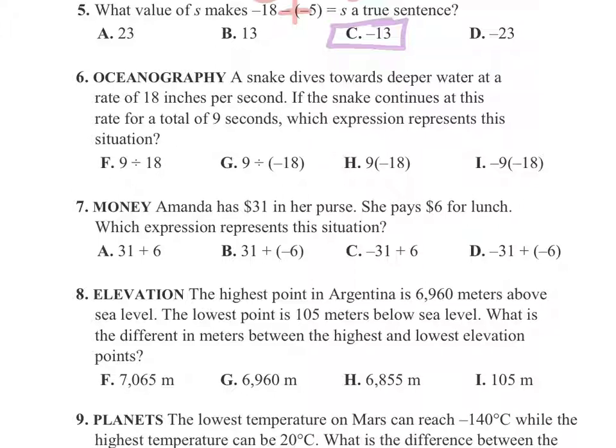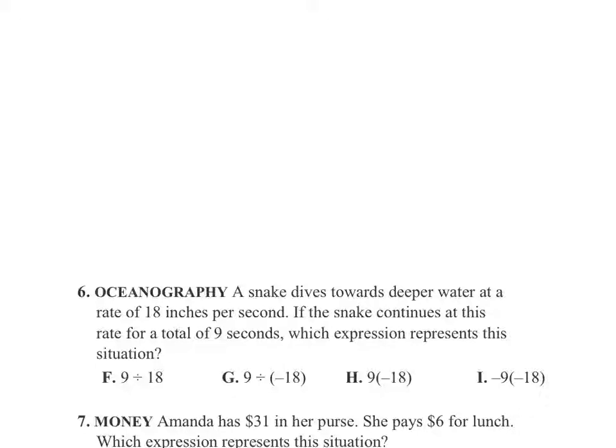Number 6. This one's good. All right, for number 6, we're going to use a picture because drawing is so fun. And of course, we have the color of the ocean right here. And this snake is somewhere down here. We don't really care where it is.